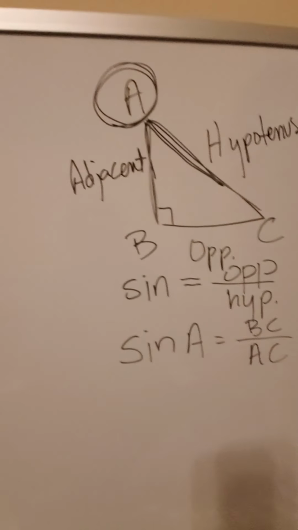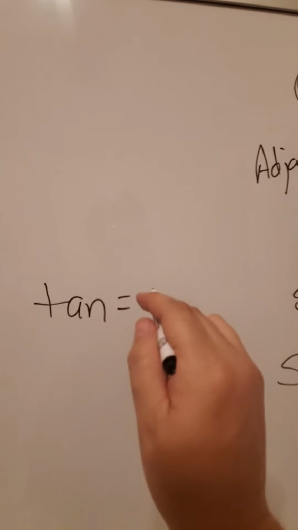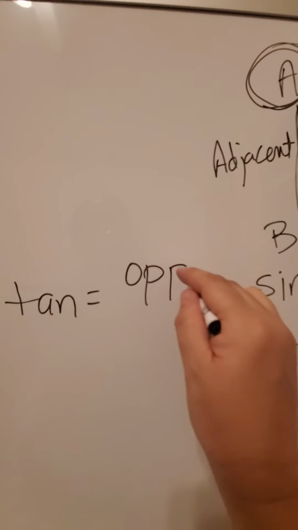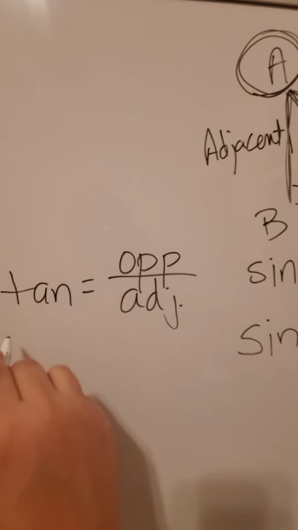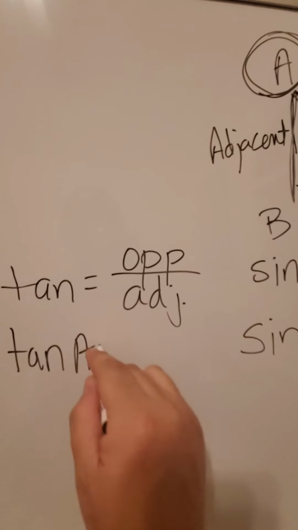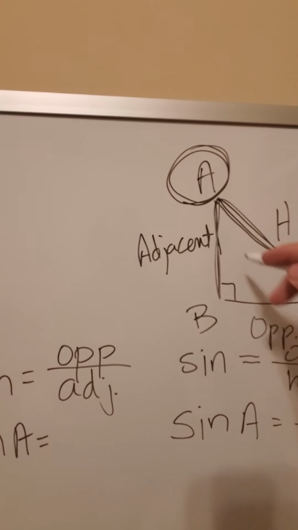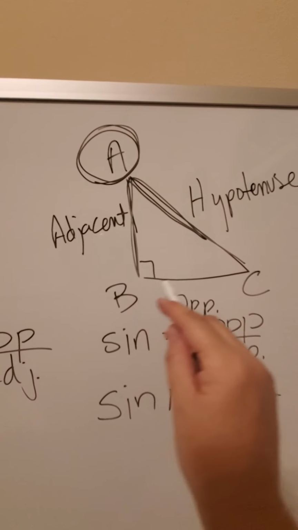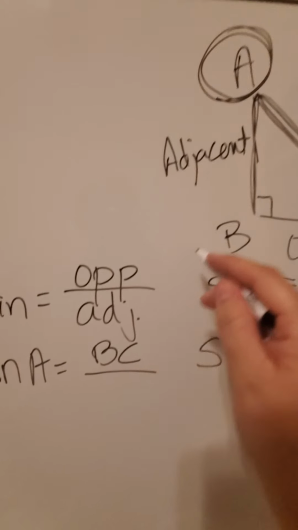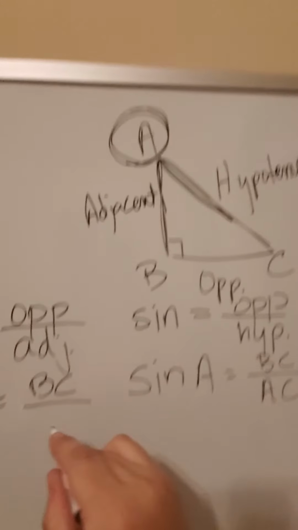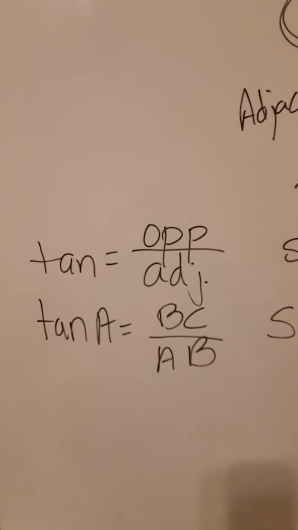And then the last ratio is tangent, and tangent is equal to opposite over adjacent. So back to tangent of A, opposite is here, BC, over adjacent, which is here, AB. Everybody good with that?